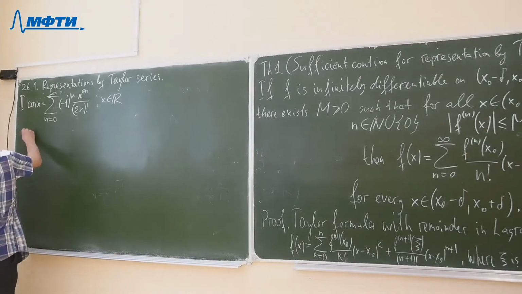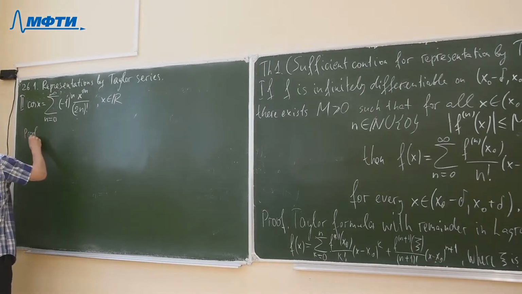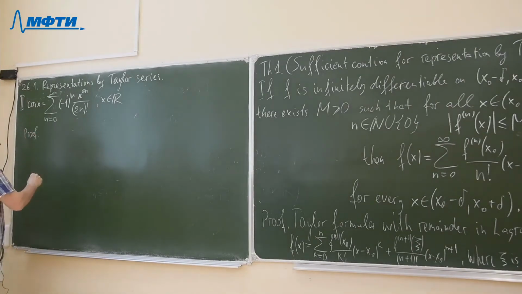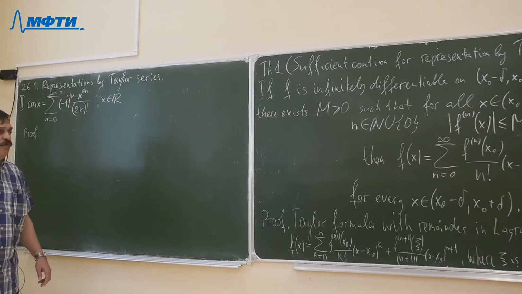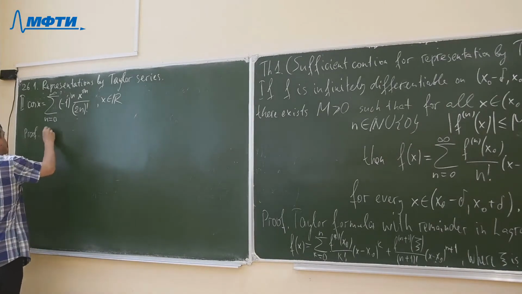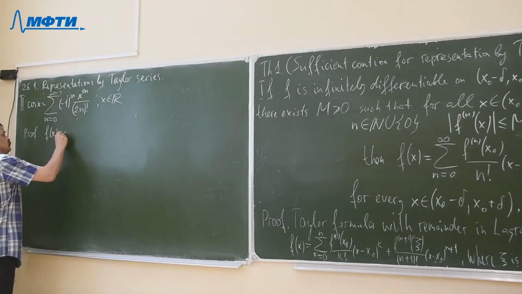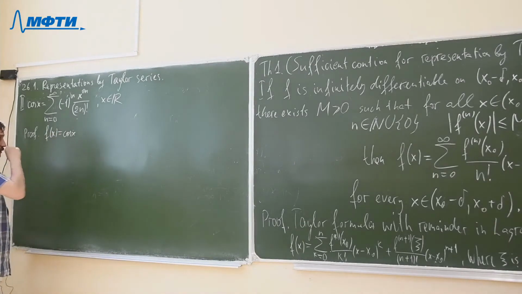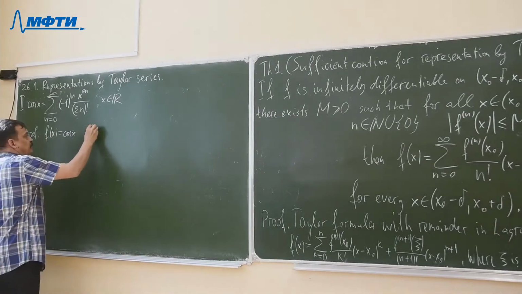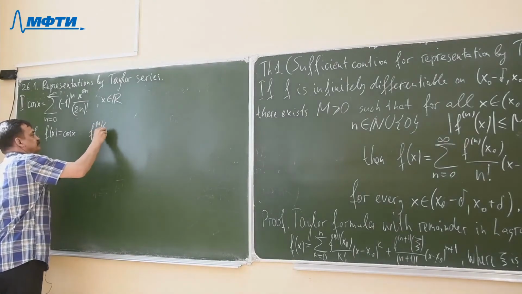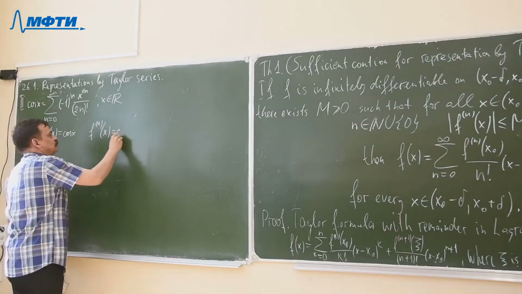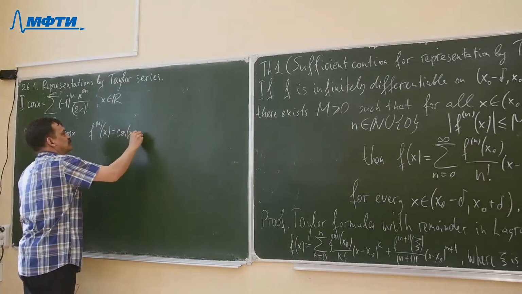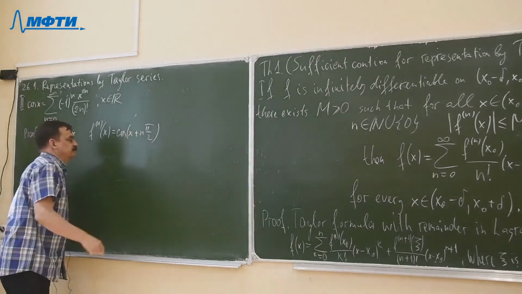And proof. So here once again we apply theorem 1. Now the function f of x equals cosine x. So its derivative is equal to cosine of x plus n pi over 2.